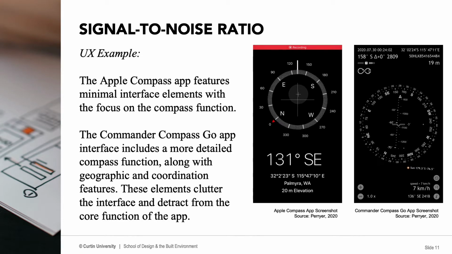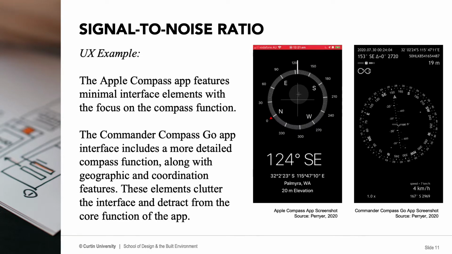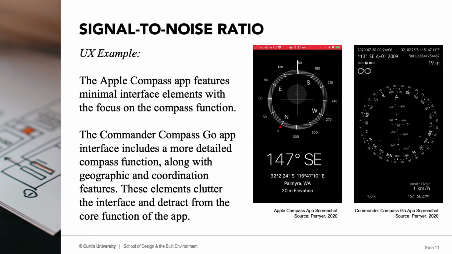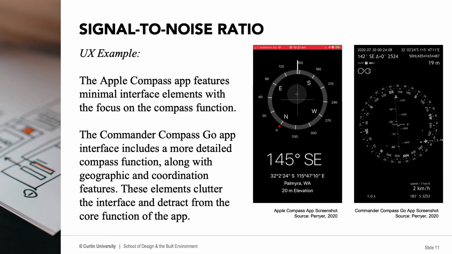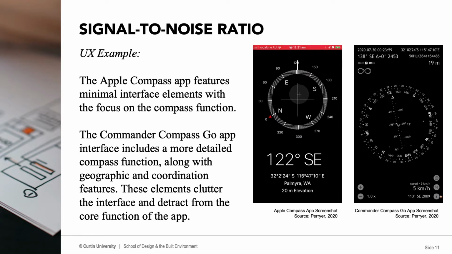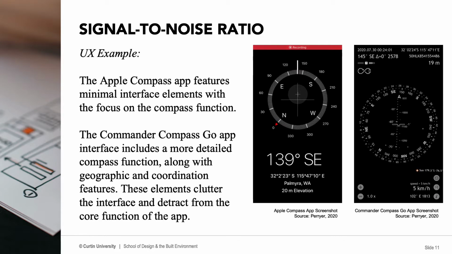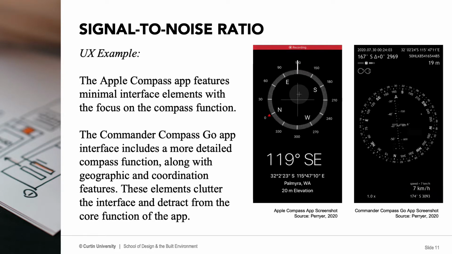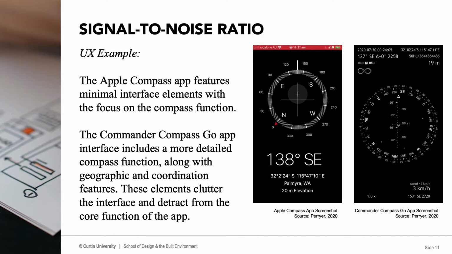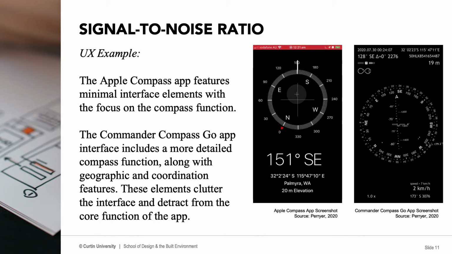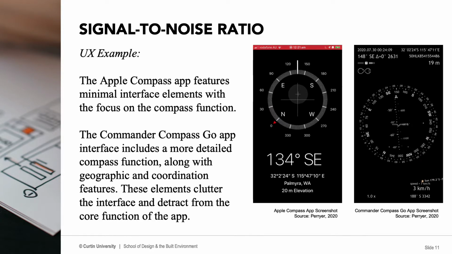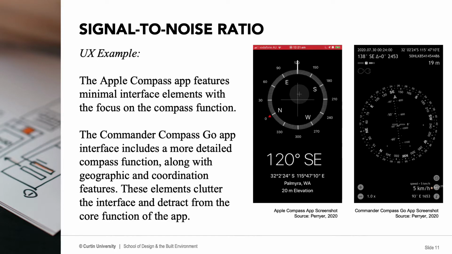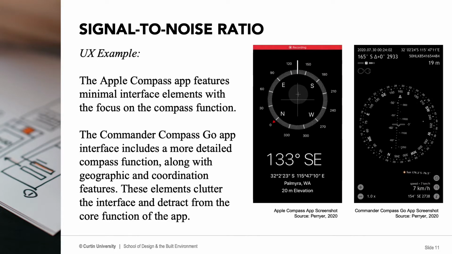Now, the important thing to think about when you design your interfaces is to get that signal to noise ratio right, because the one on the left, for example, is a consumer compass. Most regular people just want to know, is it north, south, how many degrees, and maybe a little bit of information about the elevation. But if you are, let's say, a pilot, right?